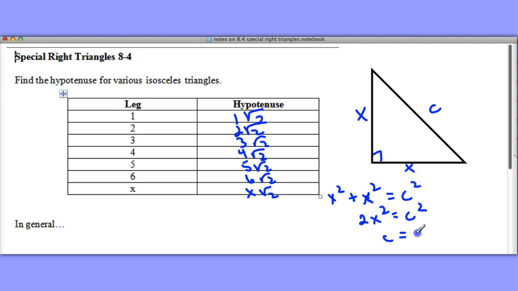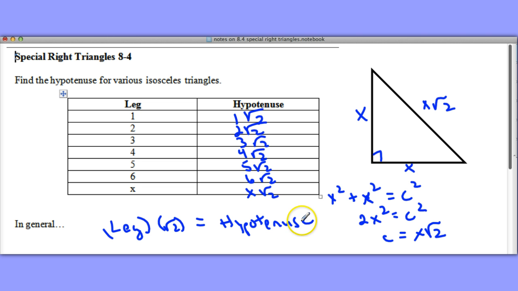Square root of x squared, we'll just have x, but then 2 is not a perfect square, so I'll have x times the square root of 2, and that's what I have here. So in general, if we have an isosceles right triangle and the leg is x, whatever the leg is, we're going to multiply it by the square root of 2 to get the hypotenuse. So the leg times the square root of 2 is equal to the hypotenuse.